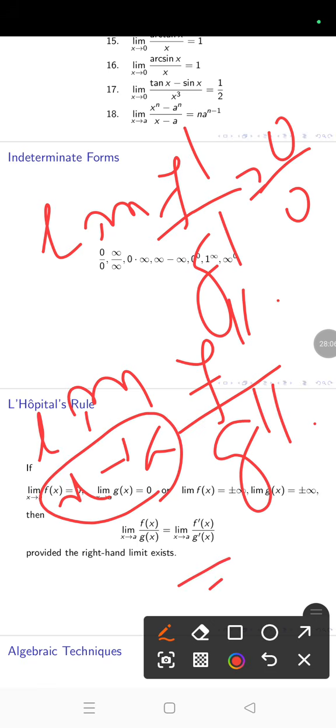If it gives some finite value, then it's okay. Otherwise, again check whether it is 0 by 0 or gives some finite value. If it is 0 by 0, then go for the next derivative, and if it is not 0 by 0 and gives a finite limit, then we are over. We will get the result. Okay, so this is how we can find the solutions of indeterminate forms. This is the L'Hospital rule.